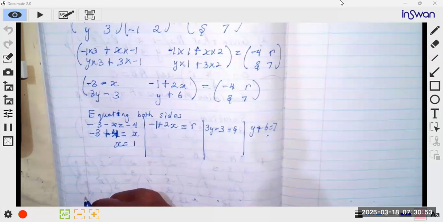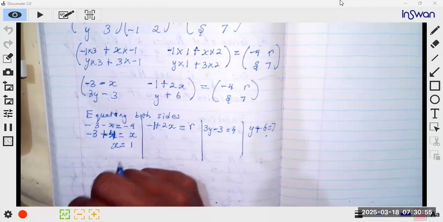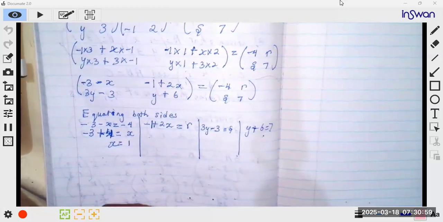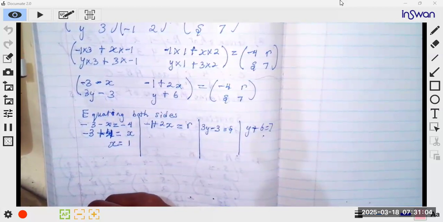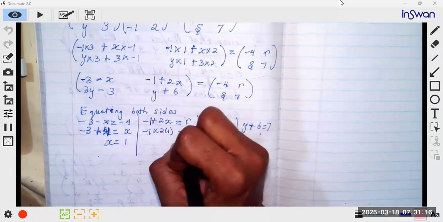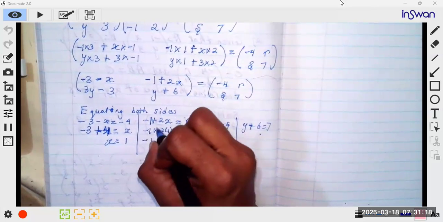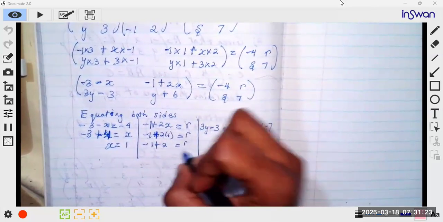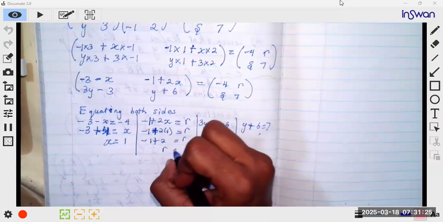And 6, we have 7, and we have x as 1, so we could put it here to find R. For R, it'll be minus 1 plus 2 times 1. So that'll be minus 1 plus 2. So R will be equal to 1.